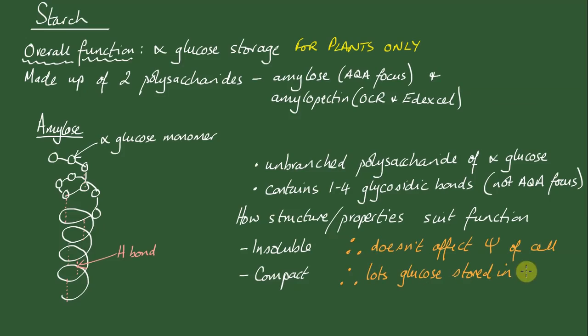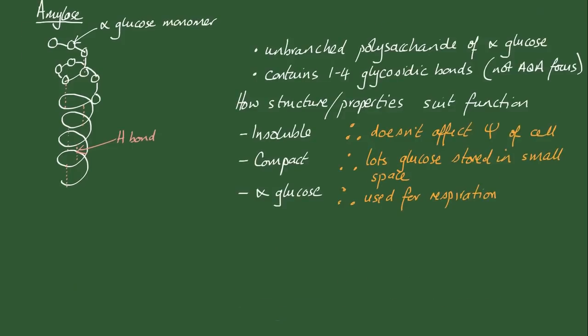It is also compact. Therefore, lots of glucose can be stored in a small space. And finally, it's made of alpha-glucose, and therefore it's used for respiration. These are 3 properties and 3 explanations of those properties. Notice that from an exam question point of view.